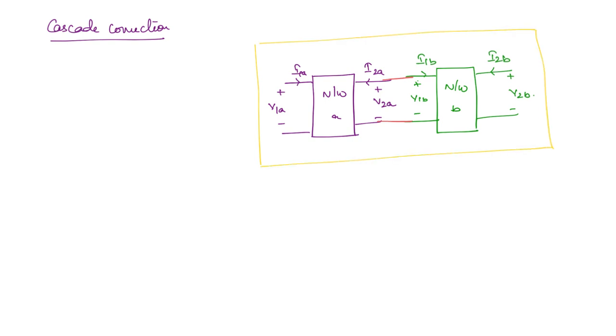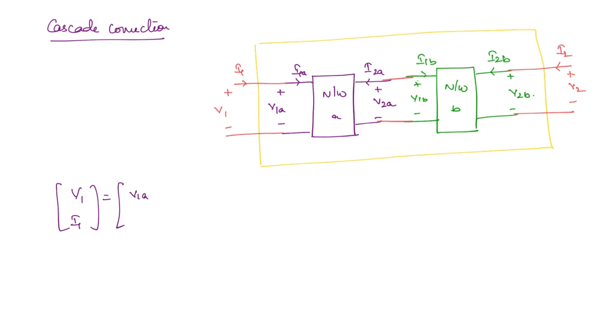Here it is easier to get the ABCD parameters or the transmission parameters. So we will mark these equations first. This is V1, this is I1, input side voltage and current. On the output side, current is I2 and the voltage is V2. Now we know that V1 is equal to V1A, I1 is equal to I1A, and similarly I2A is equal to minus I1B.